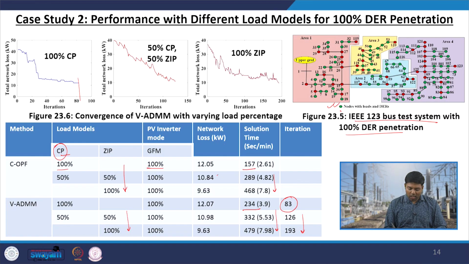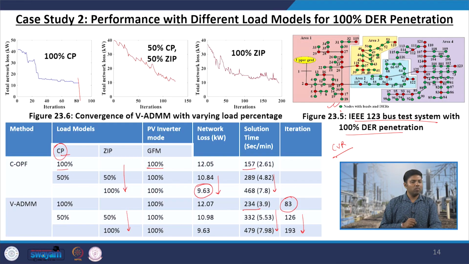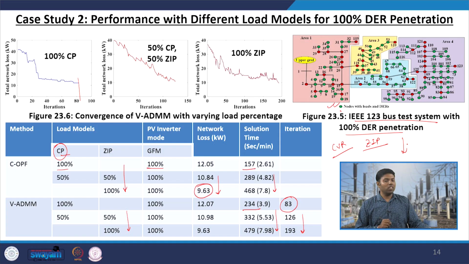But with more ZIP loads, your losses are becoming lesser. Why? Because you are imposing more and more voltage dependent loads. That means you are implementing the CVR strategy, conservation voltage reduction technique, which says if you make your loads voltage dependent and reduce the voltage a little bit, you can significantly reduce the power consumption.